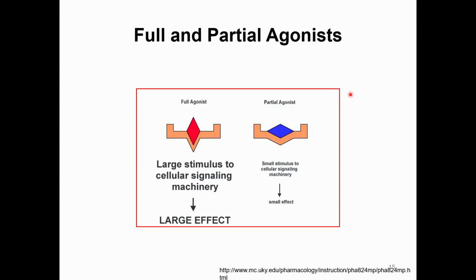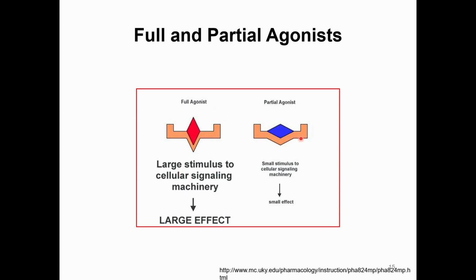So if we think about it, we can start to compare different drugs that bind the same receptor, and we can further divide agonists into full and partial agonists. So a full agonist, when it binds a receptor, yields a large stimulus, a large set of downstream signal transduction signaling, and you get a large effect.